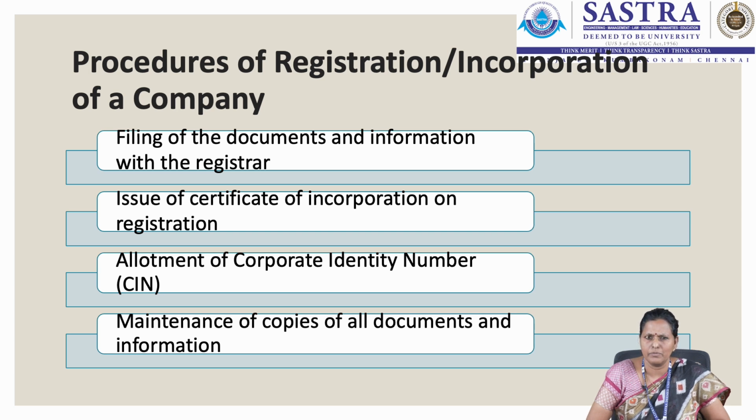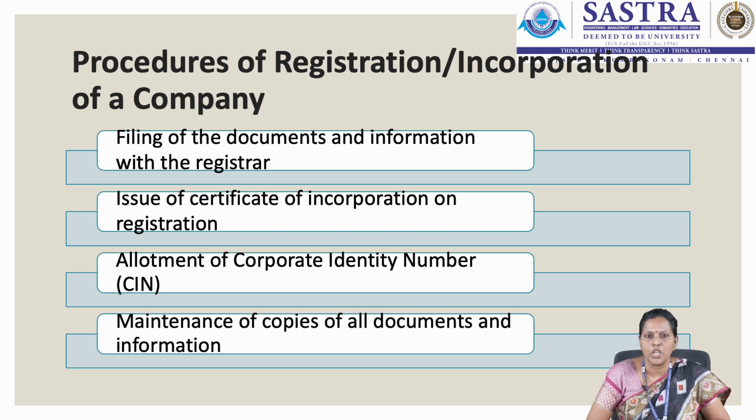And the company should also give the mailing address which would be used until the company comes with a registered office. And the other particulars, like the particulars of the subscribers to the memorandum of association and the directors whose names have been mentioned in the articles of association, should be given, like their name and address, with the necessary proof of identity.